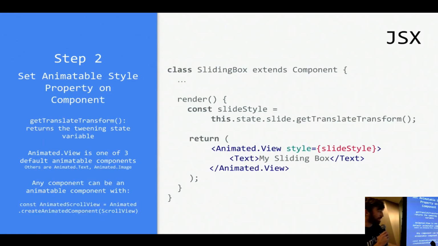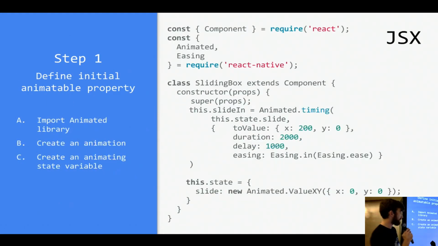Then in your render function for your component, because React and React Native classes have a render function, this is what's going to get re-rendered every time the state changes. What's cool about these animation properties is that on the previous slide we returned this state. It's a state variable, but it's a specific animated state variable, and it's going to self-contain re-render.